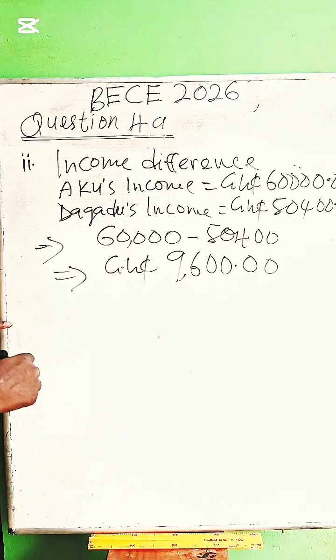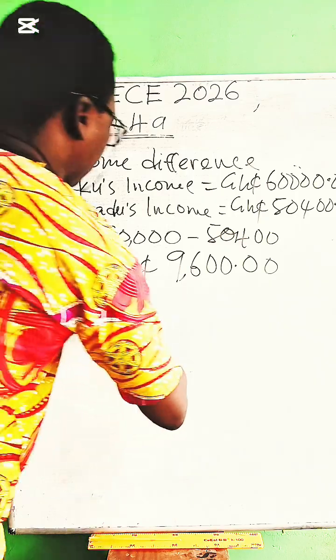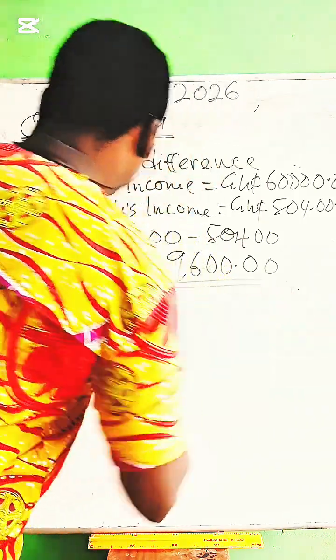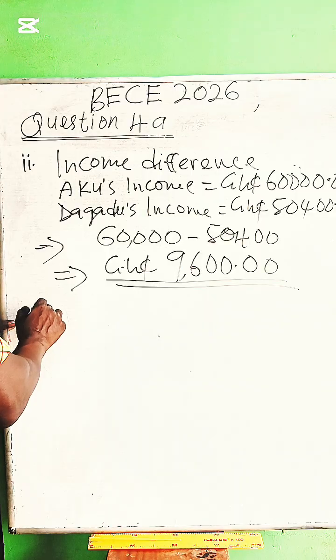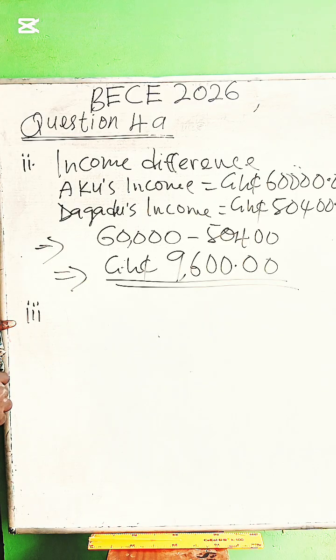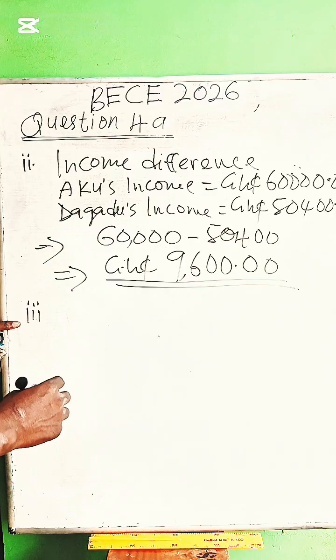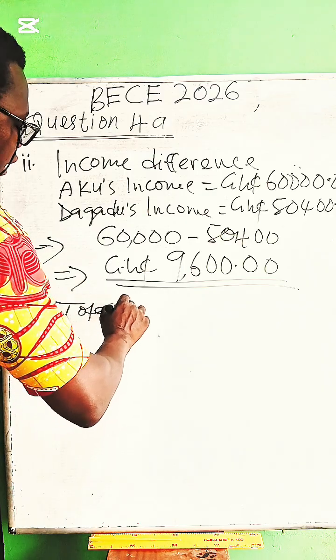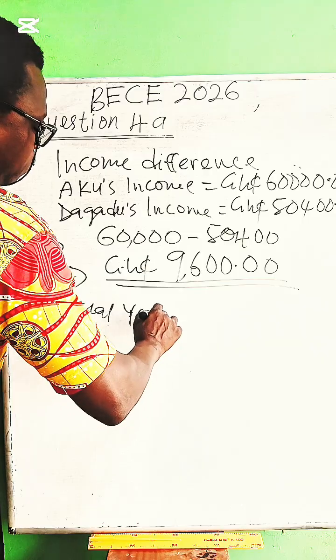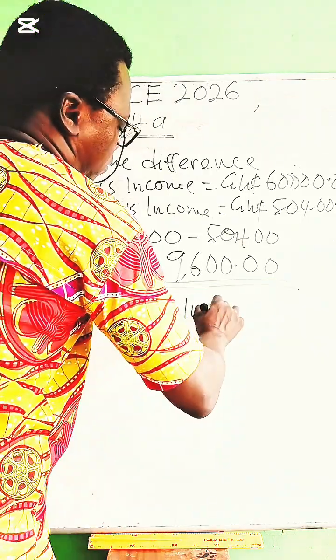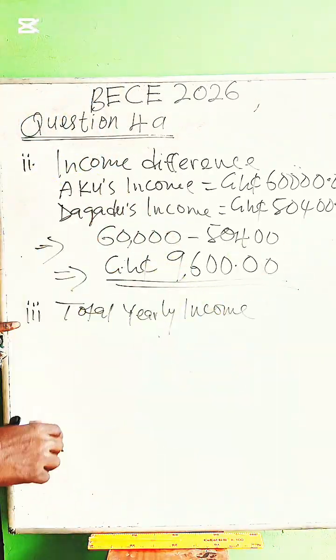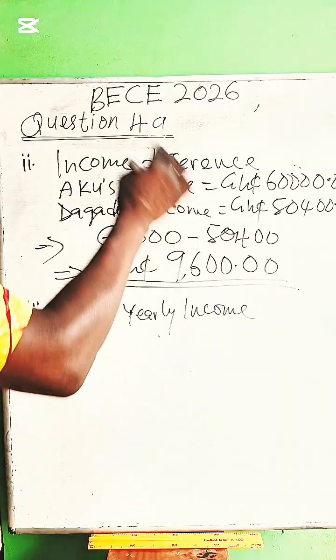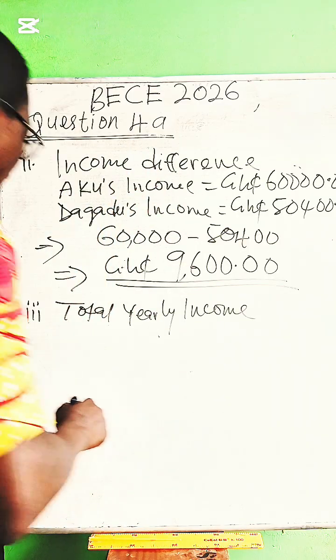Good. Then the last part of question 4a, part (iii), says that we should look for the total yearly income. Total yearly income means I'm putting all the yearly incomes together.